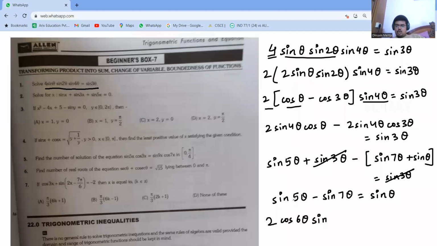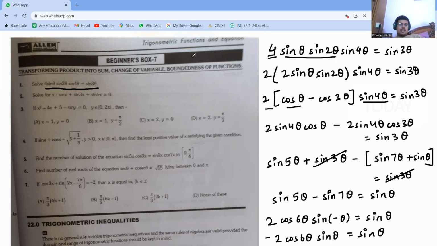So you should get 2 cos 6 theta sine of minus theta equal to sin theta. So this is minus 2 cos 6 theta sin theta equal to sin theta.